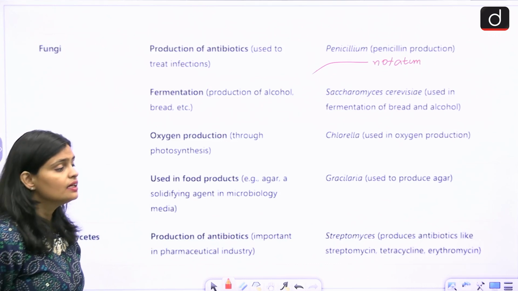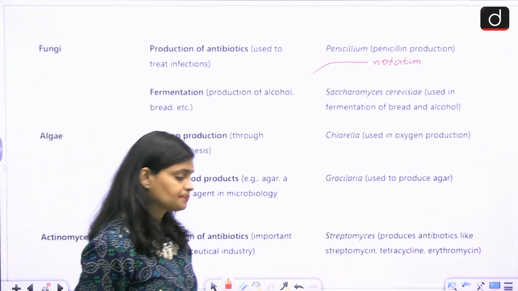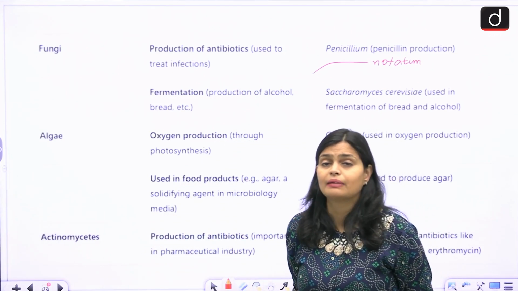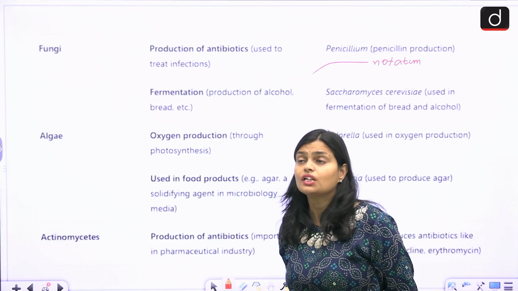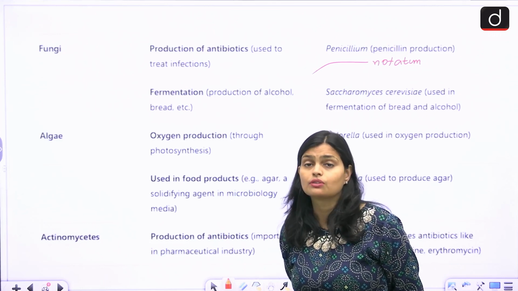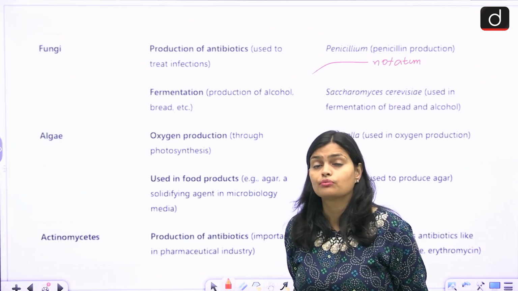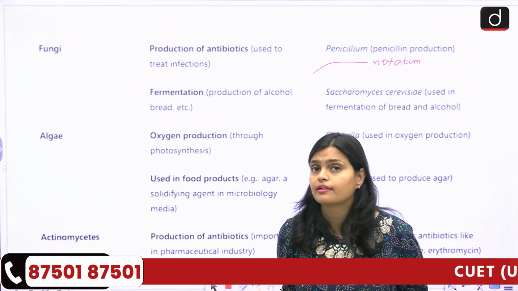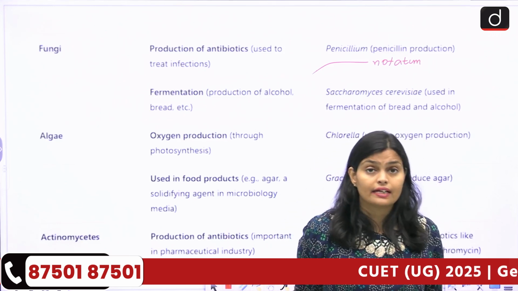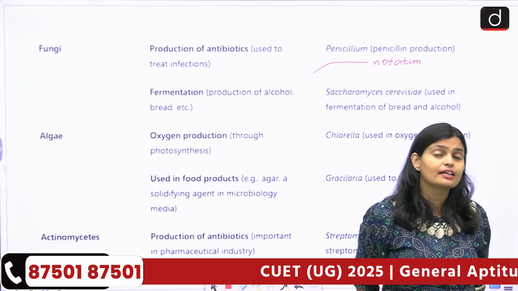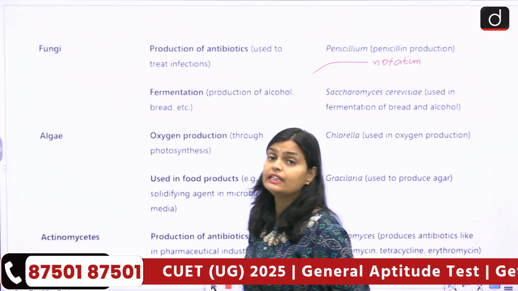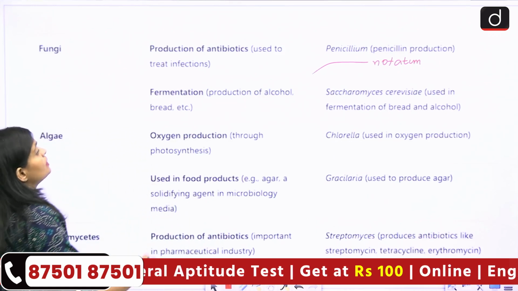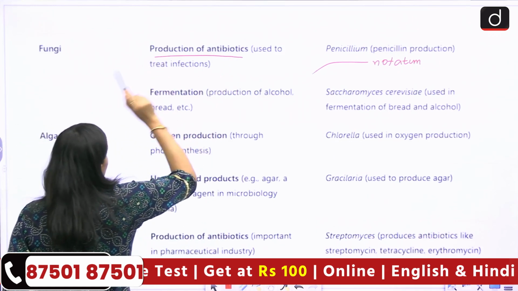Antibiotics you can say are the medicines which kill bacteria, kill the infection, or prevent bacterial infection. The very first antibiotic was made by Alexander Fleming, and he extracted the medicine penicillin from the fungus Penicillium notatum. So it is used in the production of antibiotics.